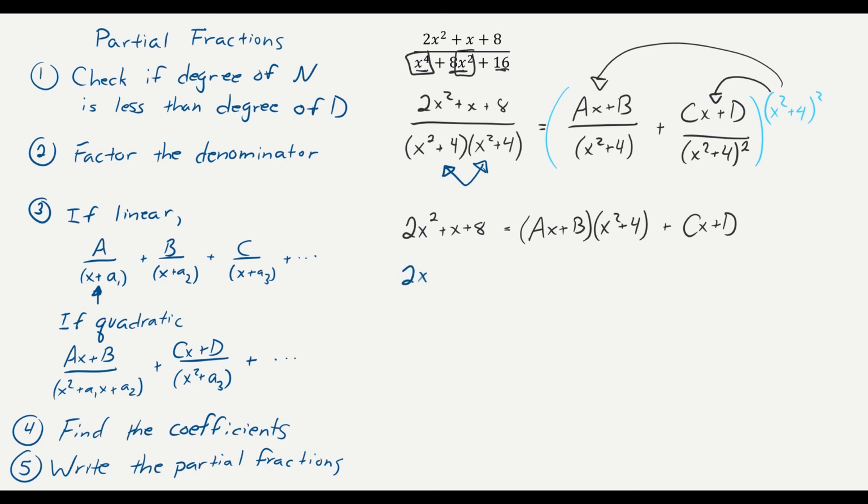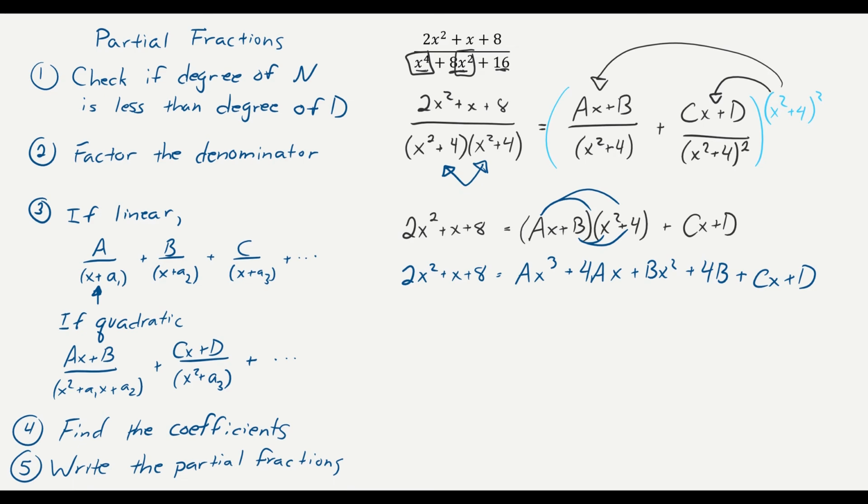What we're going to do is distribute on the right side. Okay, so I have a little FOIL here. So I have ax cubed plus 4ax plus bx squared plus 4b. Nothing to distribute on the other side, so that makes it a little easier. It's just cx plus d.